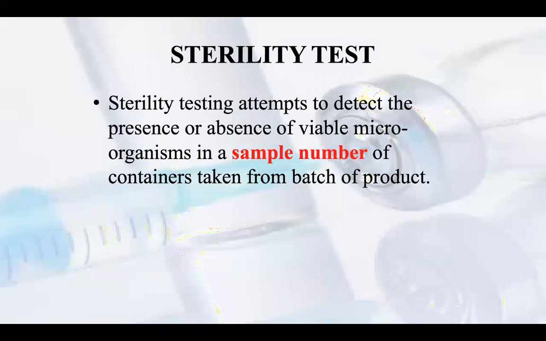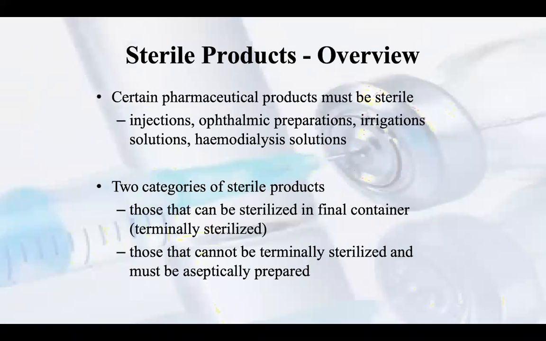They have to take some samples, then test for sterility, the confirmation whether there is an organism or no organism. So they must go for sterility testing to confirm that the product is sterile, free from organism, and it is a requirement of the parenterals.